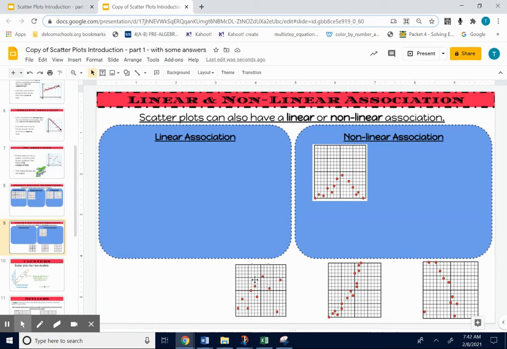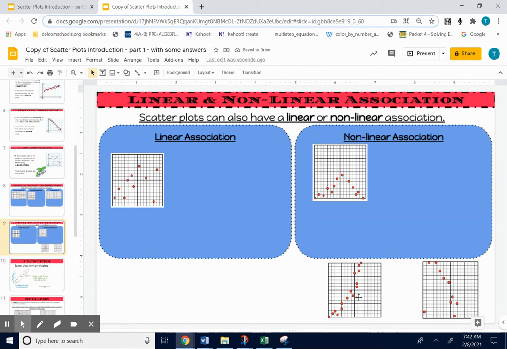The second one, if you just focus on these points right here, they're kind of going along a line. They're kind of stretched out, and that one point out and about is not going to ruin that idea. The points are still going up pretty much close to a line. Not as close as we would like, but it still is linear.